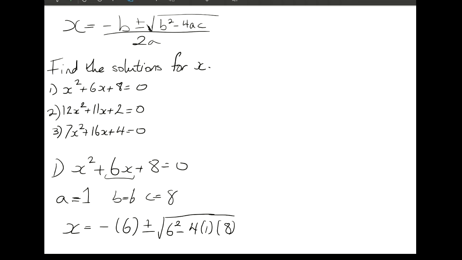All of this is divided by 2a, and a is 1. Now we have our formula, and we don't need to look at the original anymore.